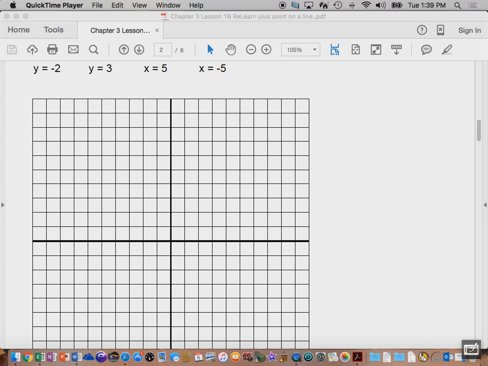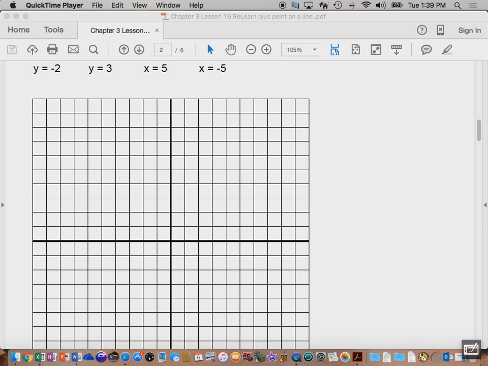Okay, now, next step. There's one last thing in this unit I haven't taught yet, and that is how to graph these lines. What's different about these lines compared to all the other graphs that we've done so far? Well, two of them have a y-intercept, two of them don't.